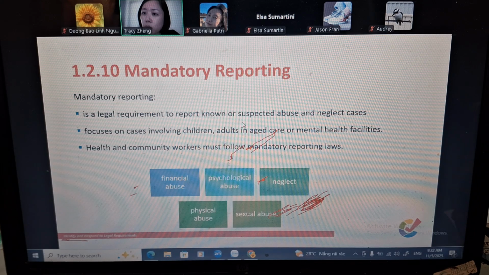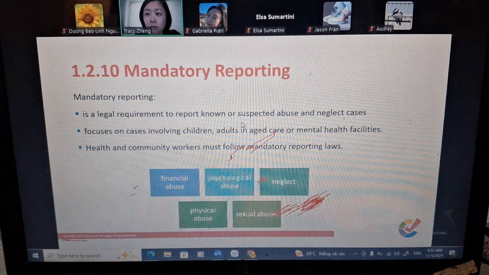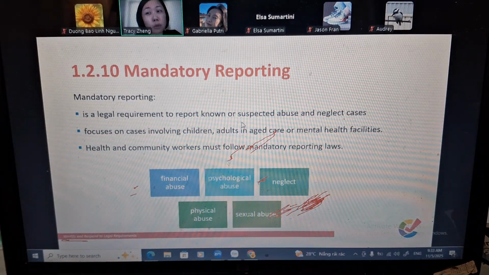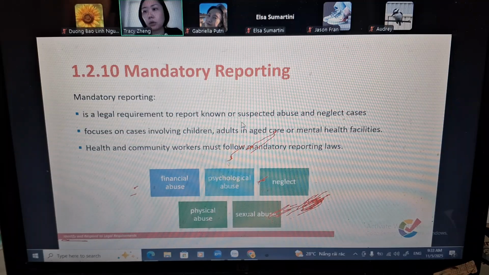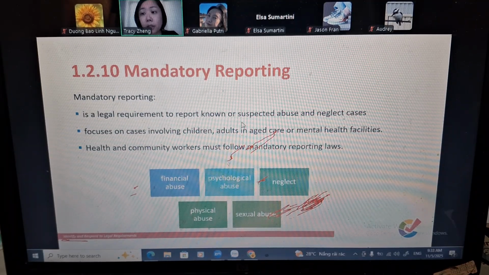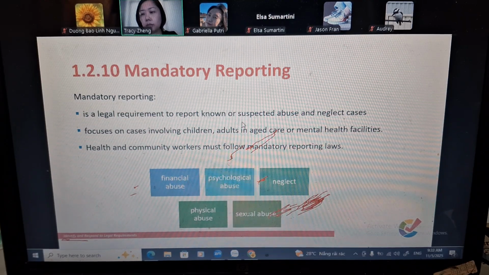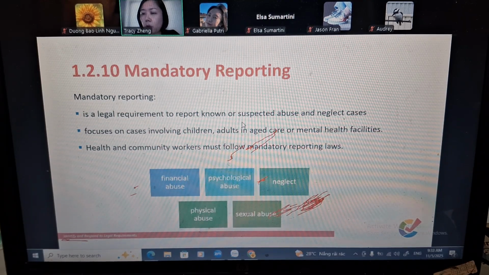Any other cases we do need to report? We are talking about mandatory reporting, right? So we are not talking about general case reporting. You're already aware that we always need to report, but there are some categories of cases that are mandatory reporting. So any other cases you remember we discussed that are mandatory reporting?